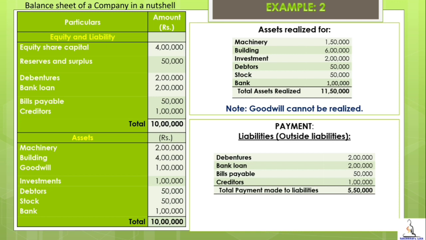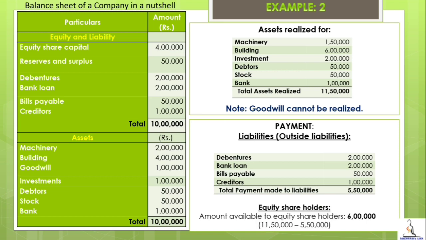Out of 11 lakh 50,000, the remaining left out is 6 lakh. So that 6 lakh will be given to equity shareholders. That is the amount available to equity shareholders after making payment to outside liabilities. Whatever is left out belongs to equity shareholders.